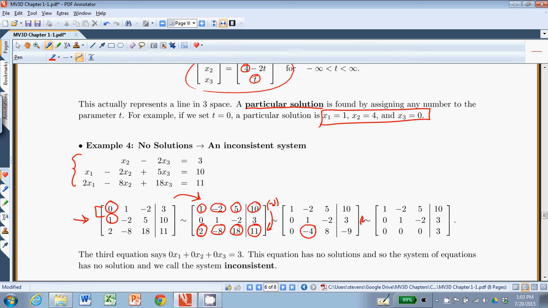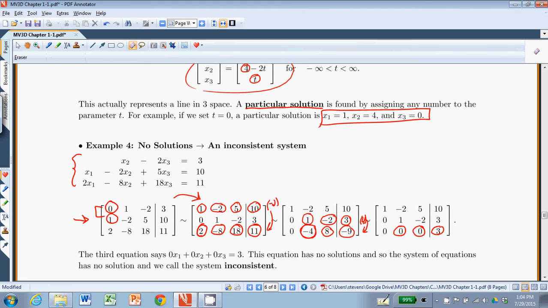So I multiply this first row by 4, add it to my third row. 1 times 4 is 4, plus -4 is 0. That's why I chose the multiplier of 4 in the first place. But I do the whole row. -2 times 4 is -8, plus 8 is 0 again. Then I get 3 times 4 is 12, plus negative 9 is 3.